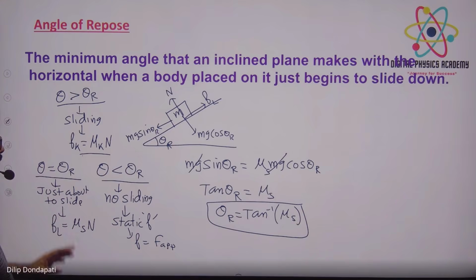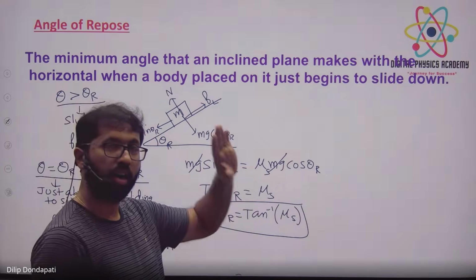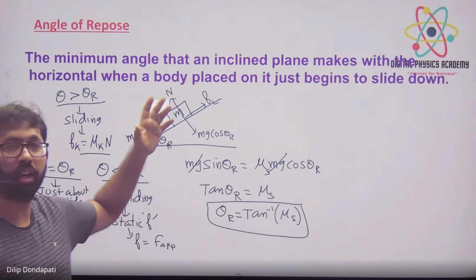Can you go back to the previous slide for a second? So theta equal to theta r is the relation between the angle of friction and the angle of repose. No, don't bring that in here. The formula is the same, but mu s can be different anywhere. So what is theta over here?